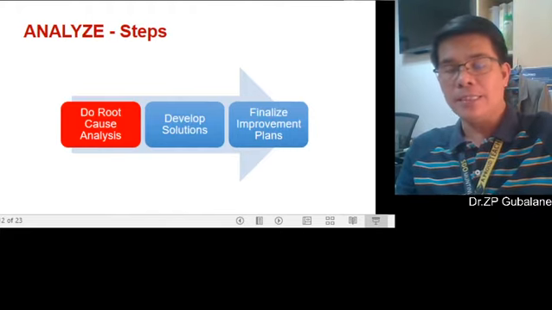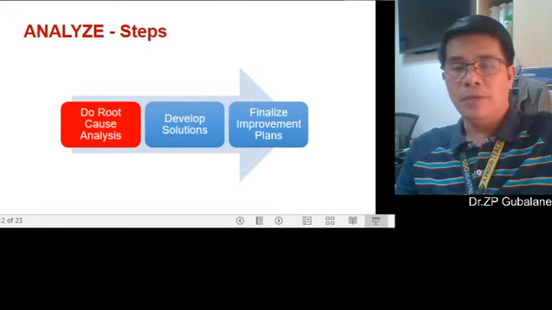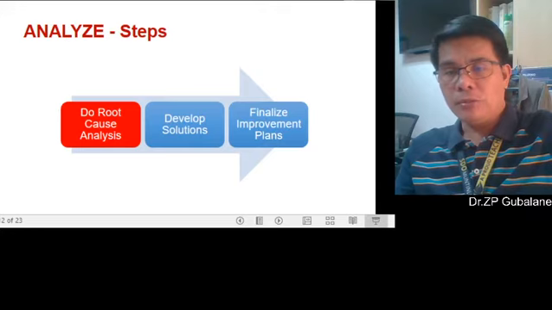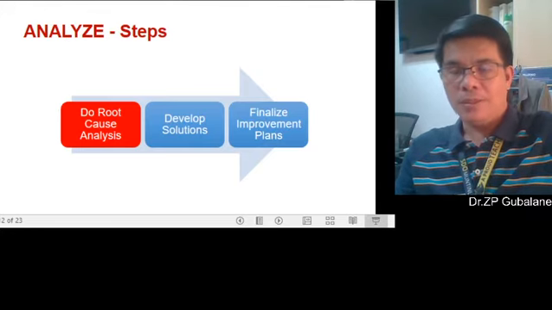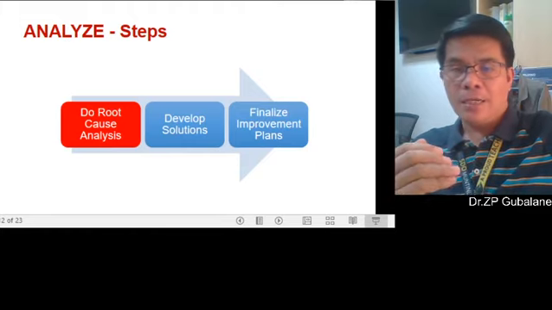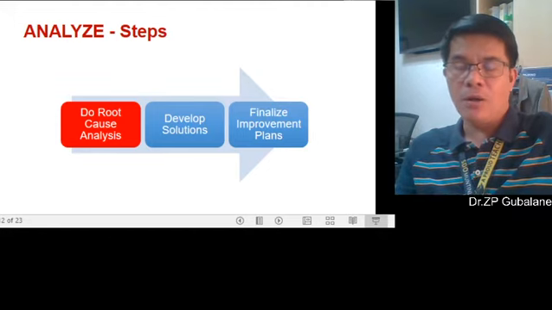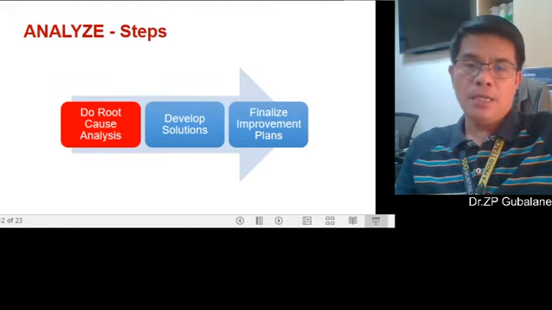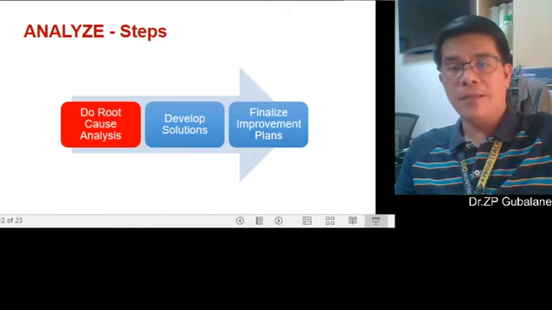The next A is analyze. Now, analysis is the highest level of human thinking. When we start to ask questions like why, how, okay, why, how, we are actually at the HOTS level, or the higher order thinking skills level.